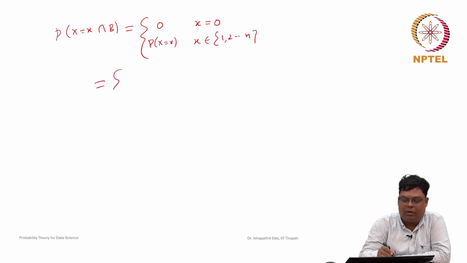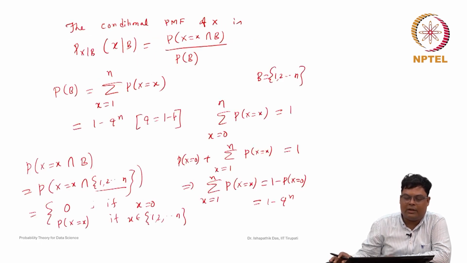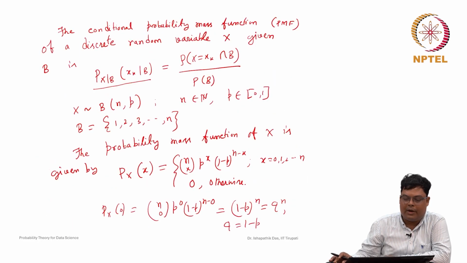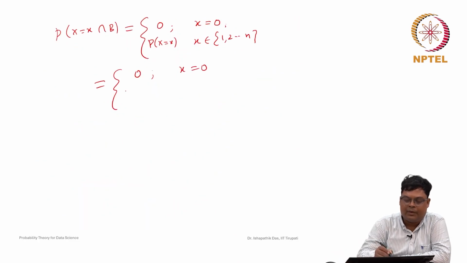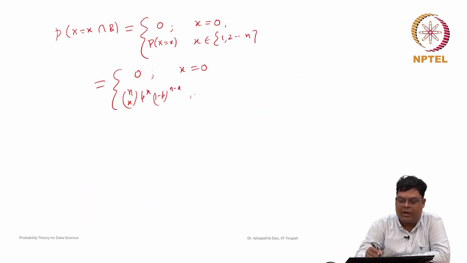So, we can write 0 when x is equal to 0, and P(X = x), which we already know is the probability of the binomial random variable, nCx p to the power x (1 minus p) to the power n minus x, whenever x belongs to 1 to n.